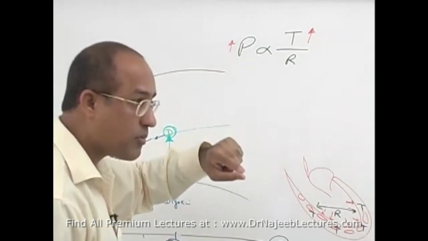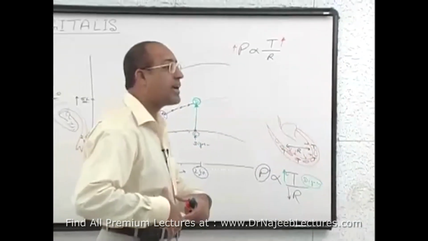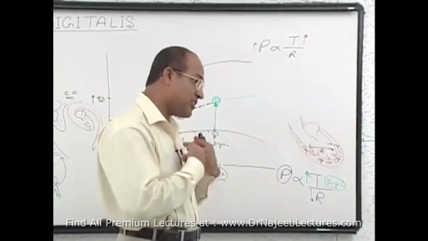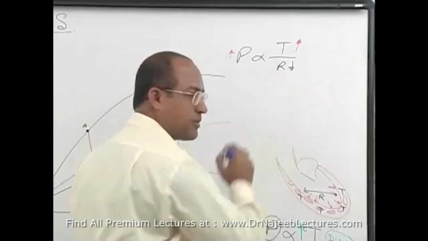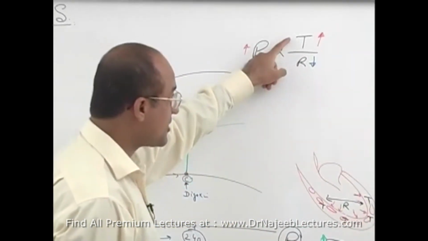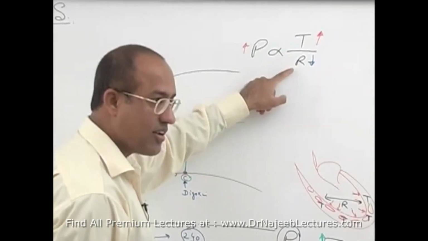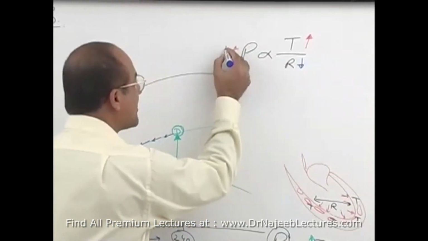So sodium load in the body is reduced and venodilatation is there. So blood volume is reduced and venous pooling is more, venous return is less, so radius is reduced.